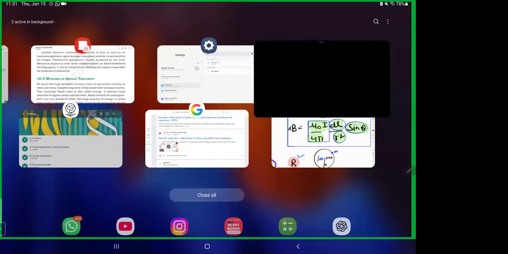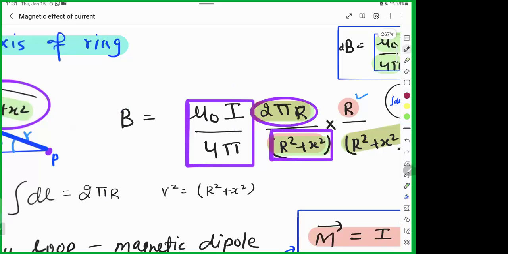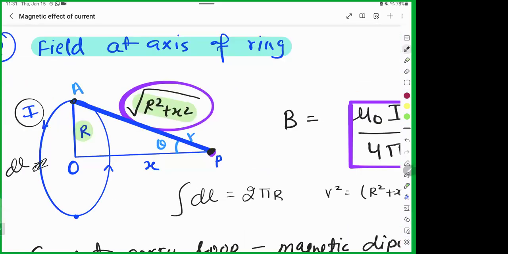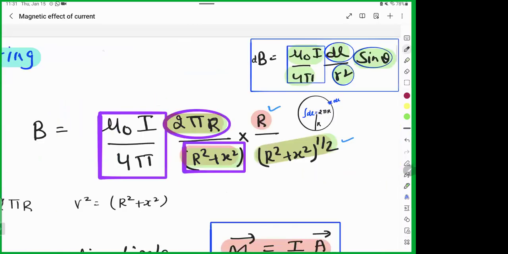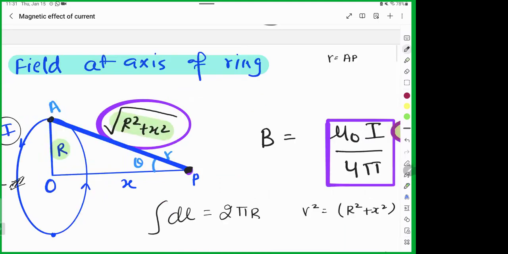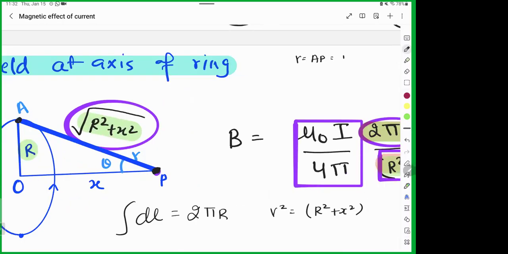When you are calculating magnetic field at P from point A, you will consider the distance AP as your radius. For example, if you are calculating the r square value, here r value is equal to AP because you are calculating magnetic field from point A. So the r value is the square root of r square plus x square.